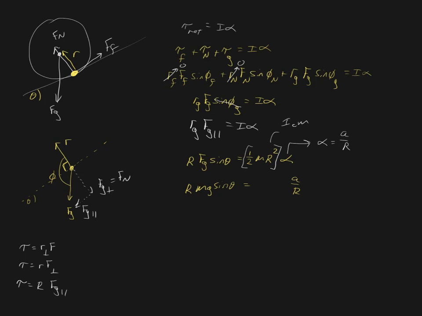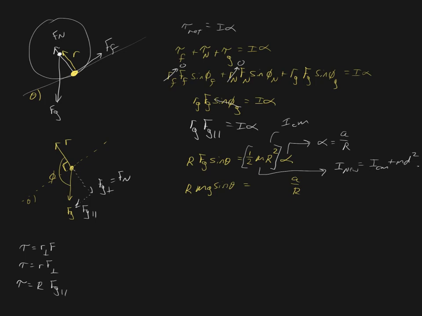But let's do the parallel axis theorem to get I through the point of contact. So we know the parallel axis theorem is I equals ICM plus MD squared. In this example, the ICM goes through the center of mass, and we're putting our axis down on the edge of the disk.